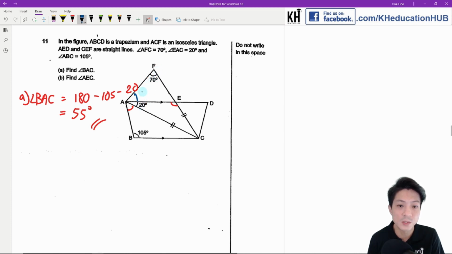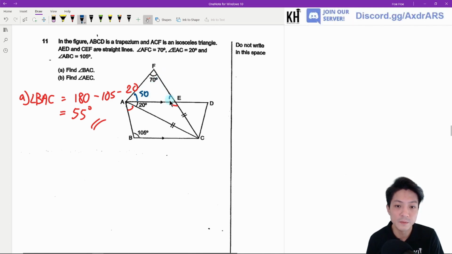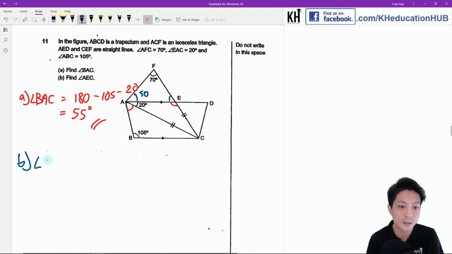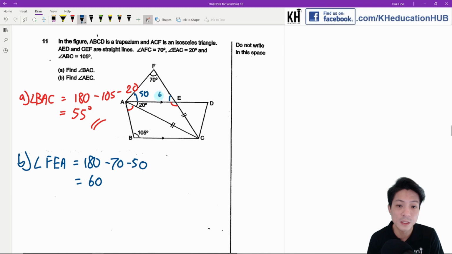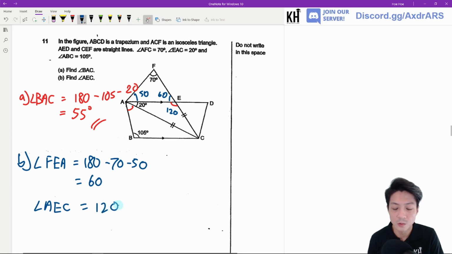If this is 70, this is 20, then this will be 50. If this is 50, then angle FEA is equal to 180 minus 70 minus 50, which is 60. If this is 60, that means this is 120. So angle AEC is equal to 120 degrees.